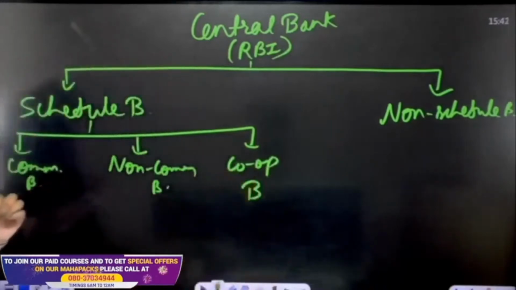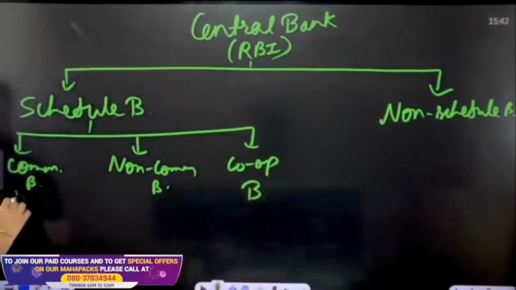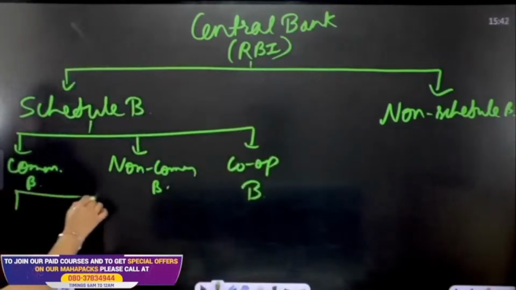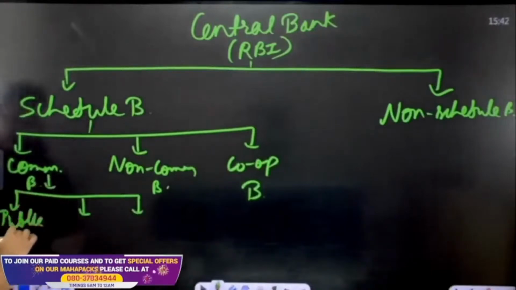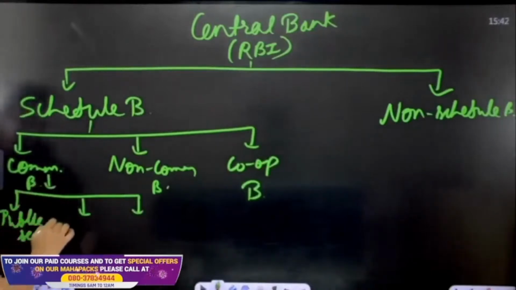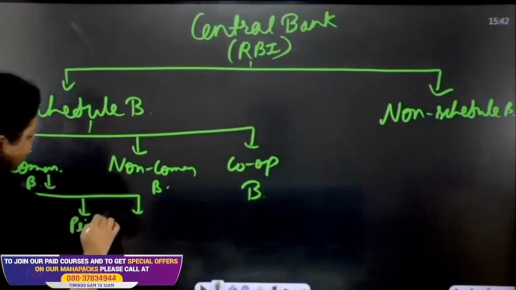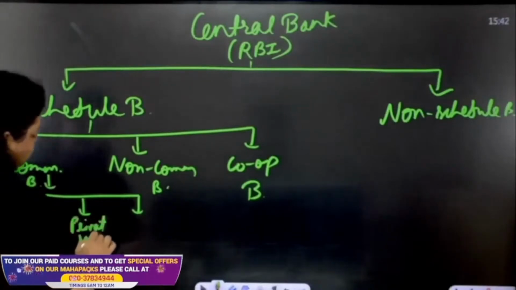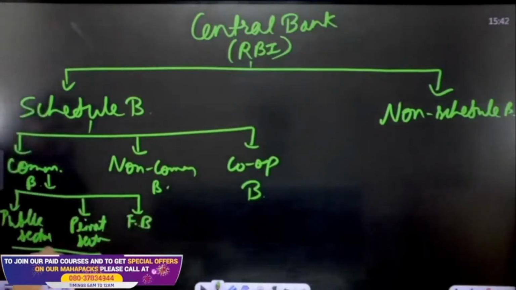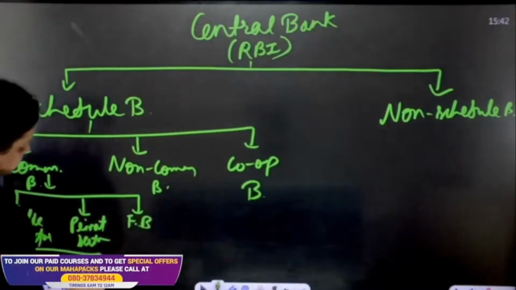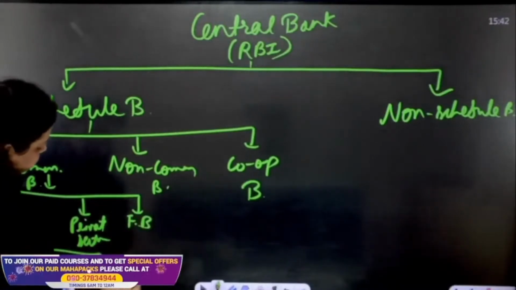Now the commercial banks are further divided into three categories: public sector bank, private sector bank, and foreign bank. Now the public sector is further divided into two categories. First is State Bank of India, and the second one is nationalized banks.